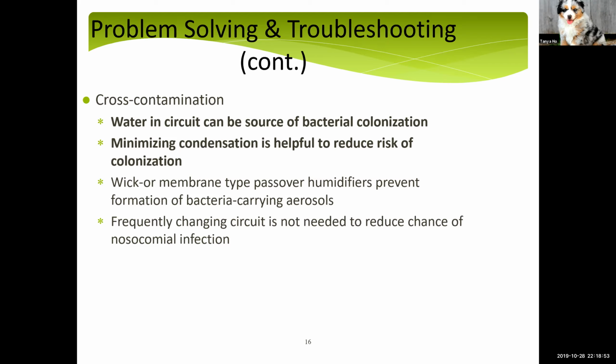Changing the circuit is not needed to reduce the chance of nosocomial infection, because the more you break the circuit, the more you can introduce new bugs. Sometimes it's better to leave the same old bugs in there instead of putting new bugs in. So we talked about minimizing that as well in order to reduce the incidence of infection.